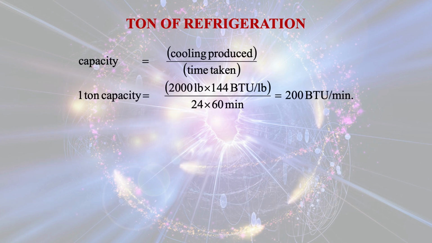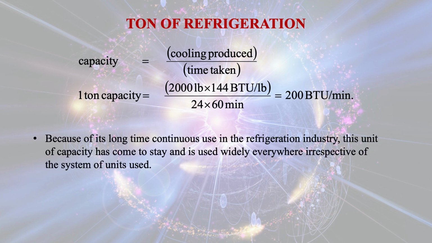Now capacity is equal to cooling produced divided by time taken. So 1 ton capacity is equal to 2000 multiplied by 144 divided by 24 into 60, which is equal to 200 BTU per minute.